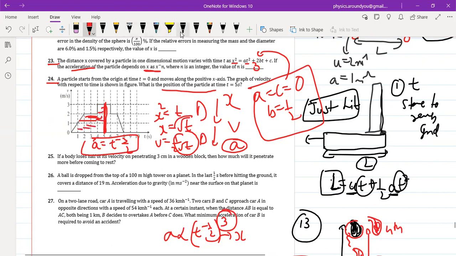For example, I can say that this is a triangle and this is a rectangle and that is also one rectangle. So a combination of a triangle and two rectangles will give me the area, and that would be the position of the particle at t equal to 5 seconds. How? Area under the v-t graph always gives you displacement.